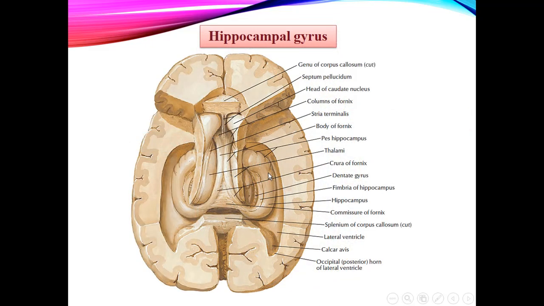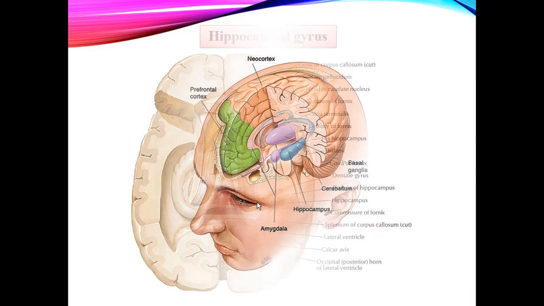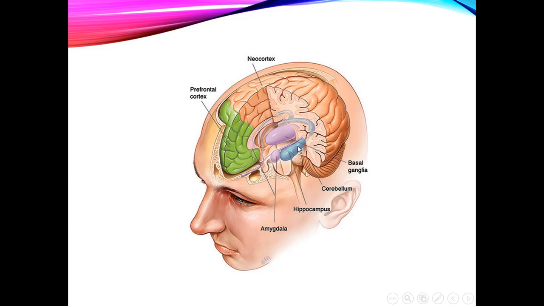The hippocampal gyrus or hippocampus is a gyrus about 5 centimeters in length, and medially, as you see, is related to the dentate gyrus, and anteriorly the hippocampus is related to the amygdala. Okay, the amygdala is located just in front of the hippocampus.